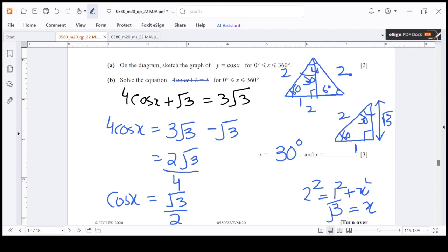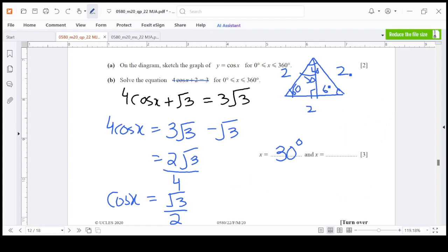Now, sin 30 is opposite over hypotenuse, and cos 30 will be adjacent over hypotenuse. So cos inverse of root 3 over 2 must be 30. Now this 30 is the absolute angle.